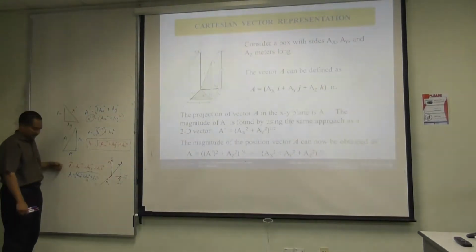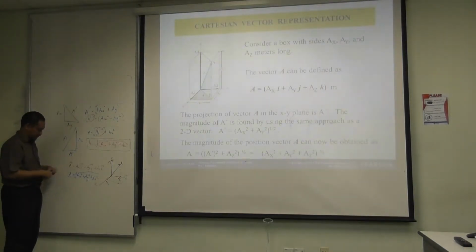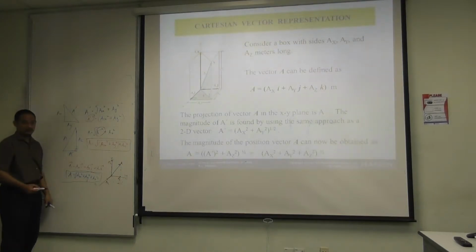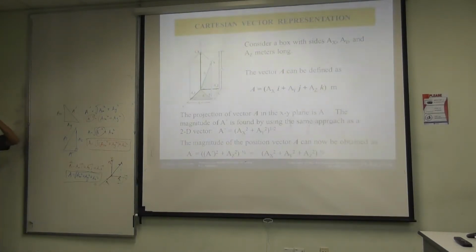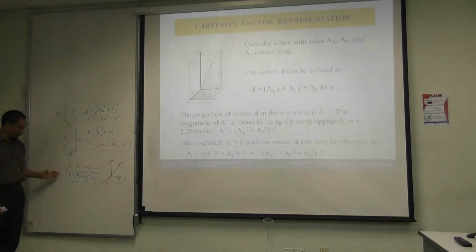For the purpose of the exam, if you don't care about that, you can just memorize this. That's also fine, because normally we tend to just apply it straight away. But it's good to know where it comes from for engineering purposes later on. It is very useful.